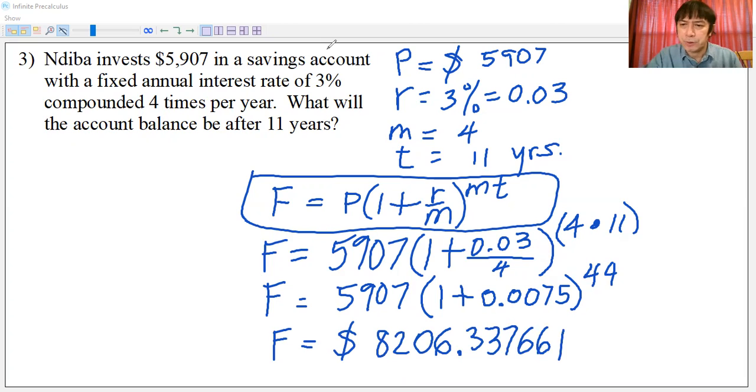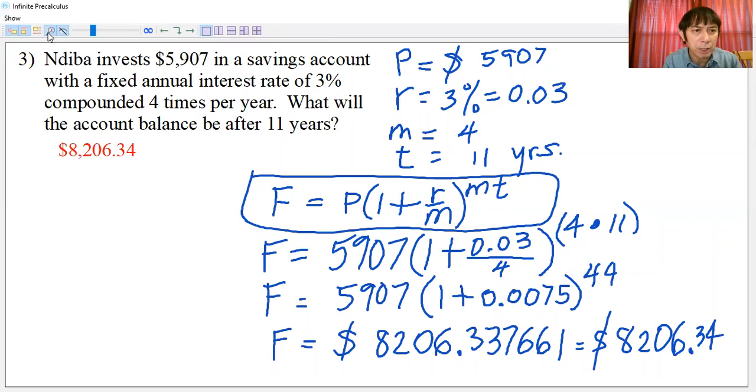Okay. So we can round this. This will be 8,206 and 34 cents. Okay, let's check and verify. We have 8,206 and 34 cents. Correct. All right. So that's it.